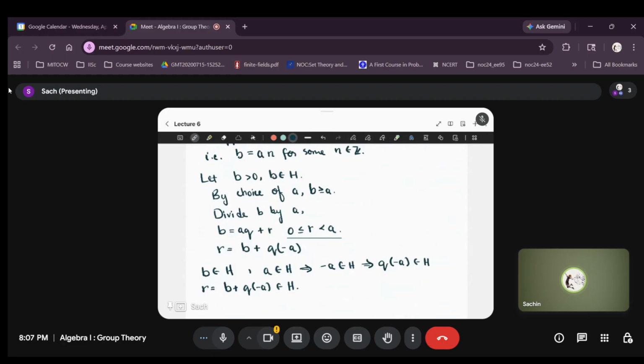Why? I have underlined, right? R is greater than or equal to 0, less than A. But R must be equal to 0. It cannot be a number greater than 0 and less than A. Why is that?